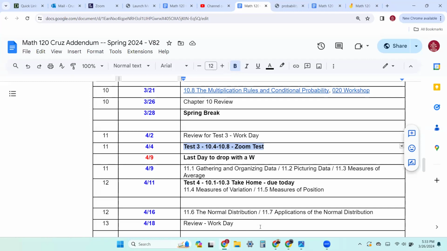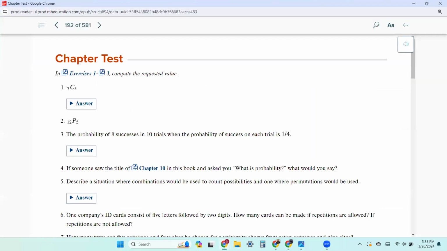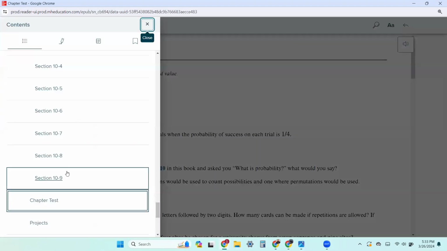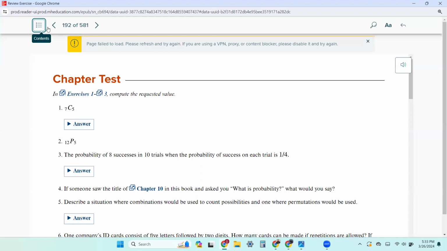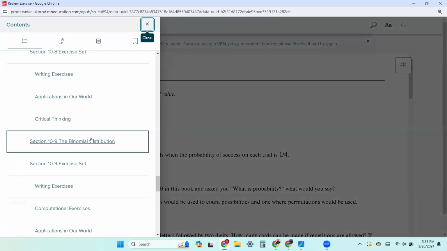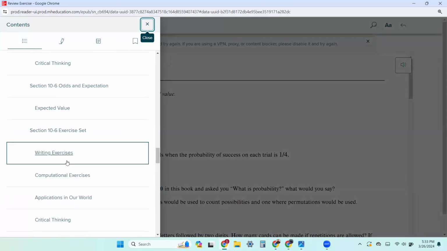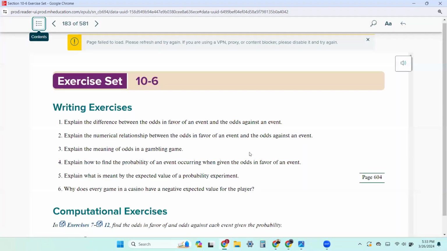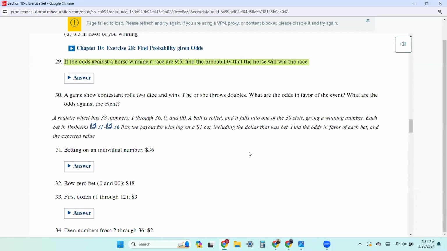All right, let's see what we can get into then. Okay, see this one up here, number 29.